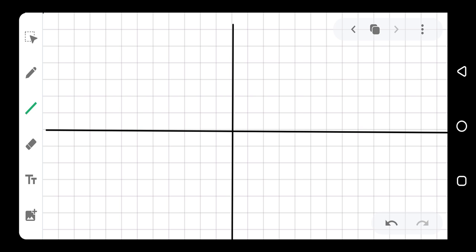Now let us assume that each of these tiny lines is 1 cm. That is this one 1 cm, this one 1 cm, this one 1 cm, each of the tiny lines 1 cm.